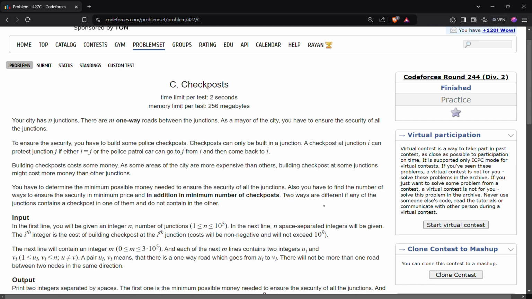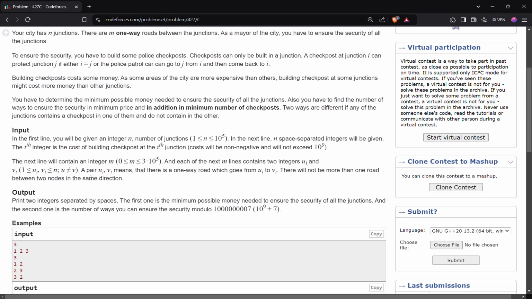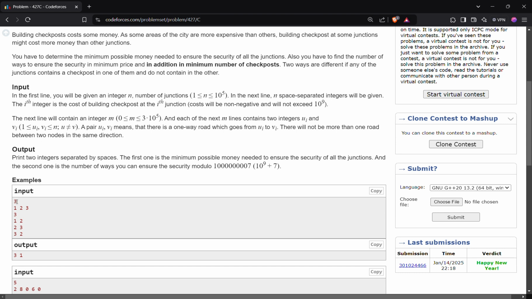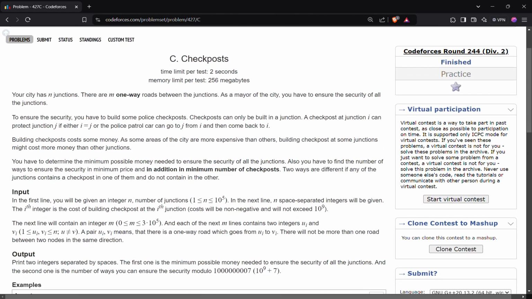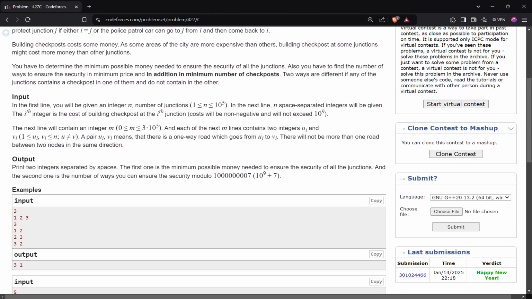So two ways are different if any of the junctions contains a checkpost in one of them and does not contain in the other. Okay, so in the input we will be given n and the vector or the array which contains the cost of building the station if it is built in the ith city.